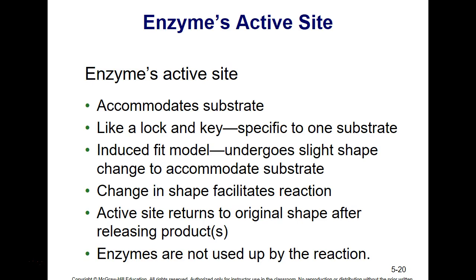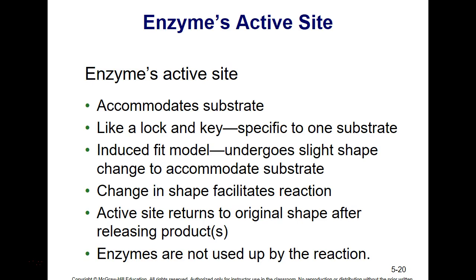So the enzyme's active site. This is on page 86 of your textbook. The active site must accommodate the substrate. It's like a lock and key. It's called the induced fit model.